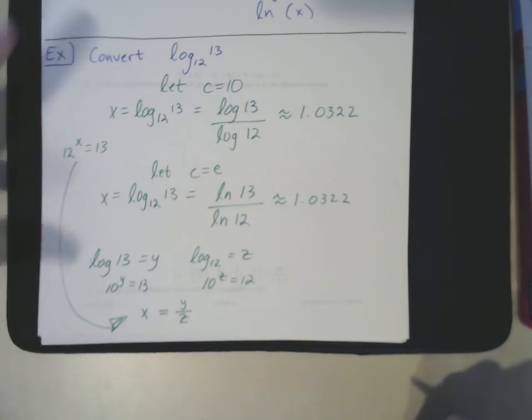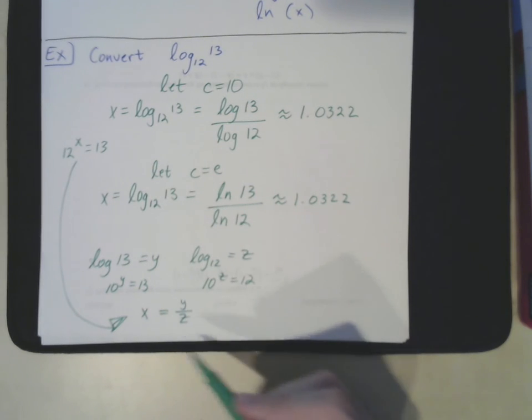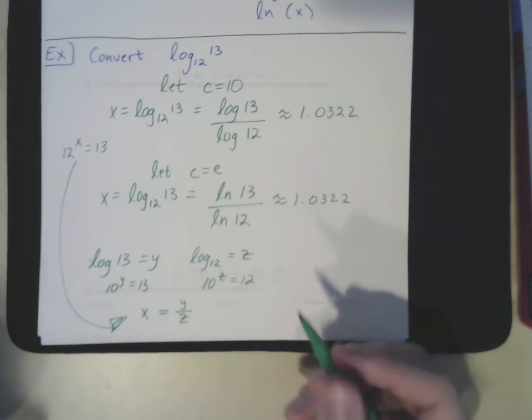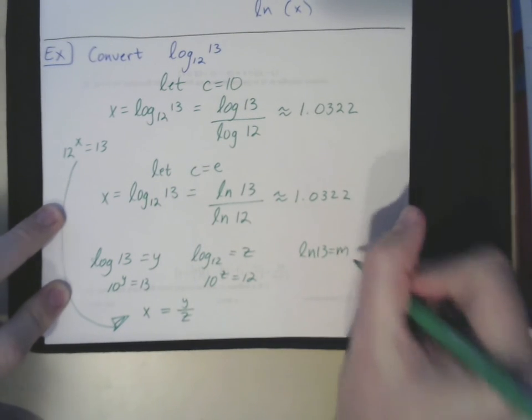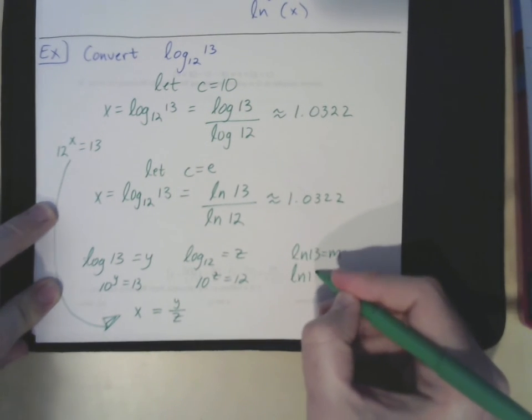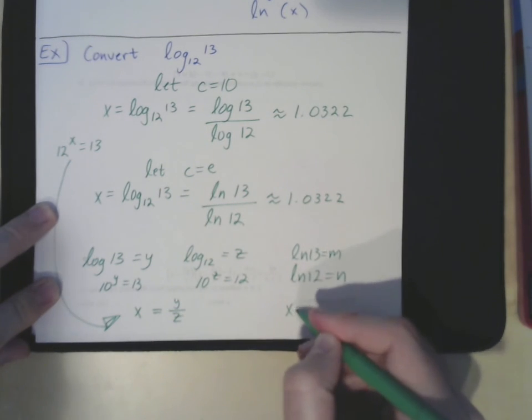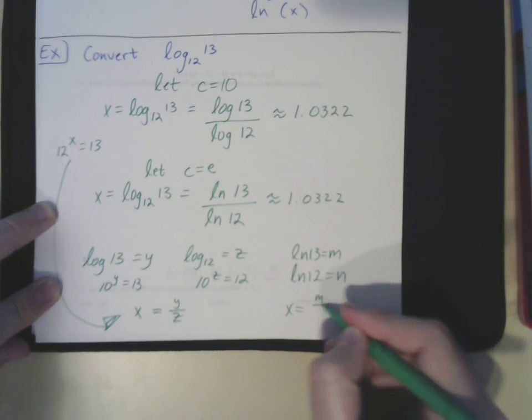Which is really interesting that it would work this way. And as it turns out, if ln 13 equals m and ln of 12 equals n, x also equals m over n.